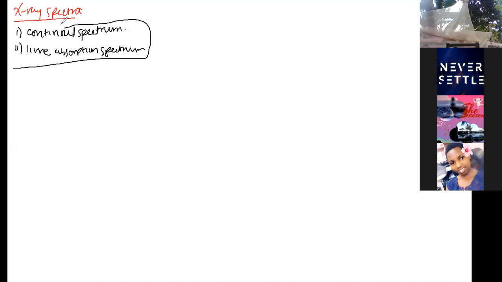Okay, so I was saying, we have two types of spectra. One, we have what we call the continuous spectra, and then we have what we call the line spectra.